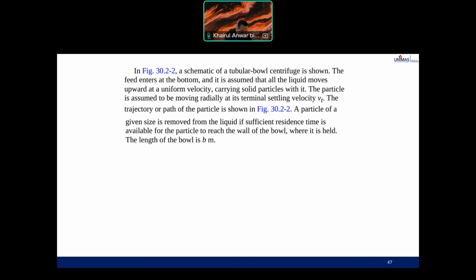If you refer to 30.2-2, the feed enters at the bottom, and it's assumed that all the liquid moves upward at uniform velocity, carrying solid particles with it. The particle is assumed to be moving radially at the terminal settling velocity Vt.